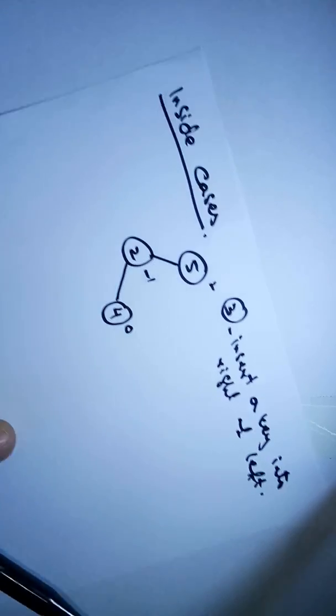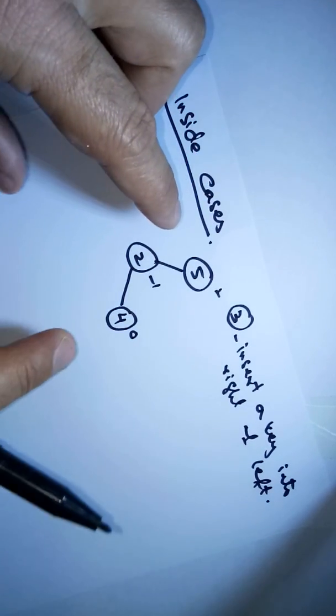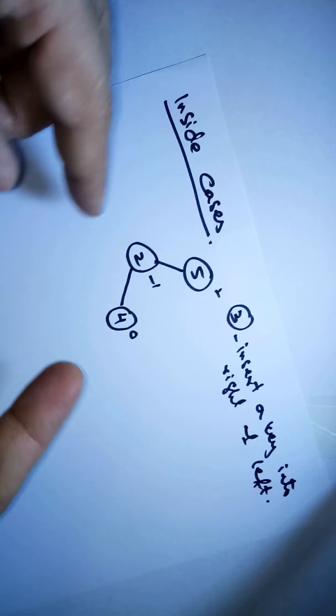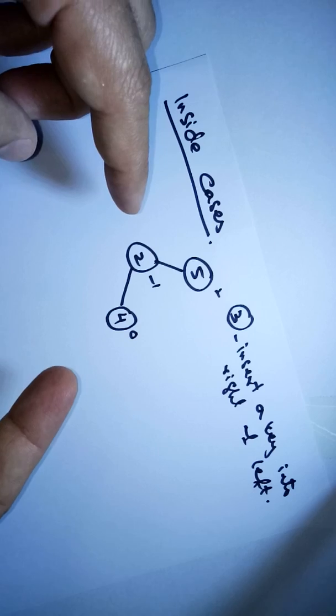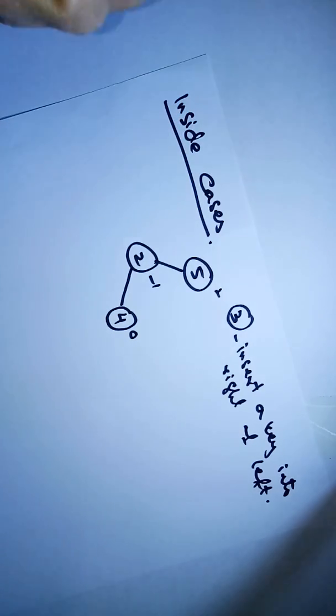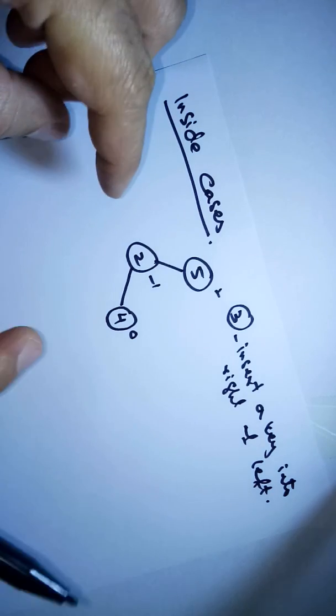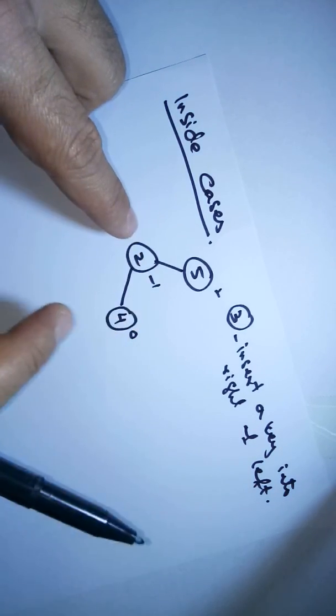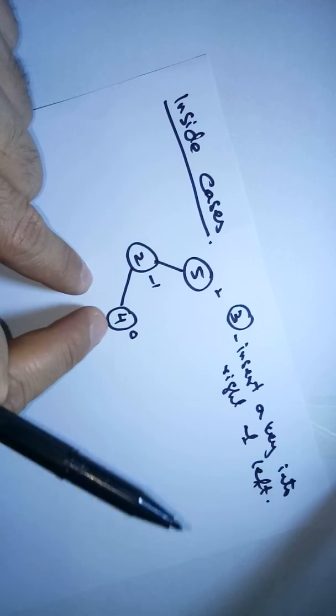How to fix this problem now? You cannot fix this directly, I mean in a single rotation. We need to perform a double rotation. This is not 2 rotations, this is a double rotation. What should I do? First of all, I will rotate from here, because the balance factor is disturbed because of this node.